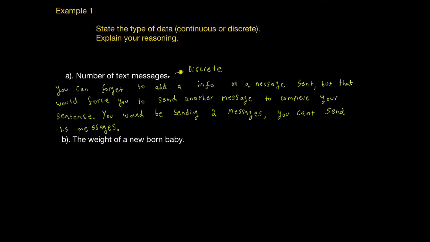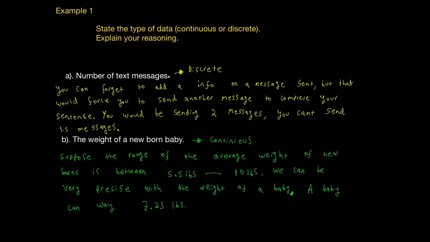Now let's take a look here, the weight of a newborn baby. Here I go with continuous, and here's my explanation. Suppose the range of the average weight of a newborn is between 5.5 pounds and 10 pounds. Here we can be very precise with the weight of a baby. A baby can weigh 7.23 pounds.